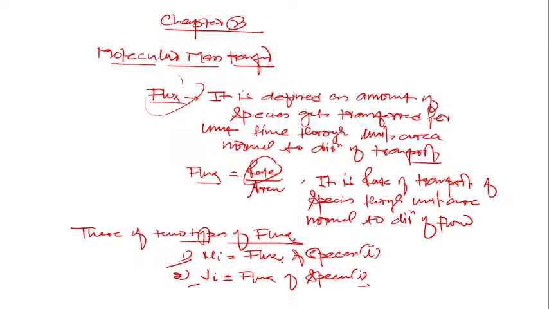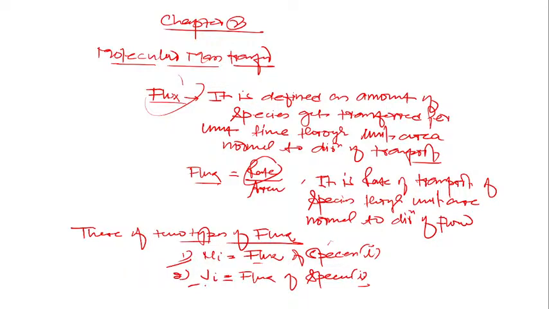In one case, flux is the amount of a species which has been transferred through unit area, unit time. If you want to find the flux, there are two methods to measure how much species has been transferred from one point to another. One is when the observer who is going to measure is fixed at some reference point, fixed in some reference frame.